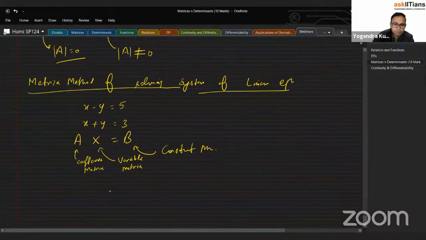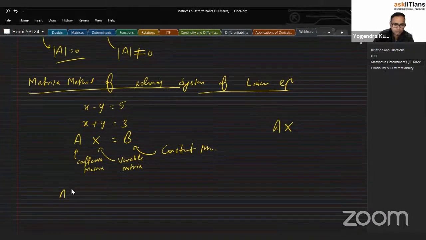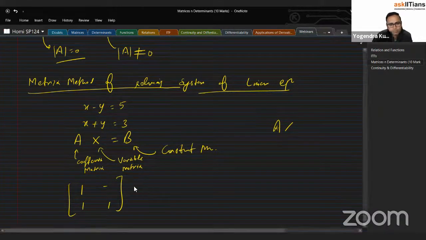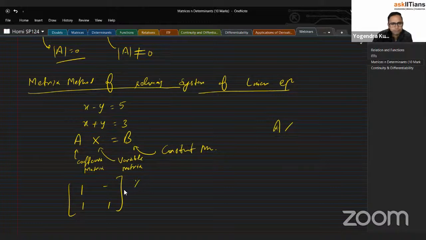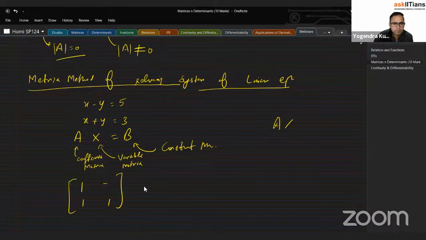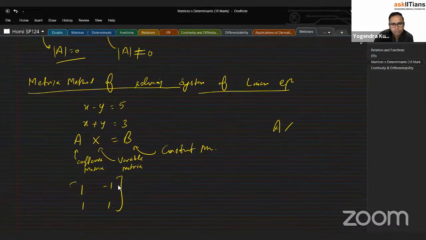So I'm representing it like this. Let me just show you first here. What is A going to be? It's not working. Okay, it's having some problem.